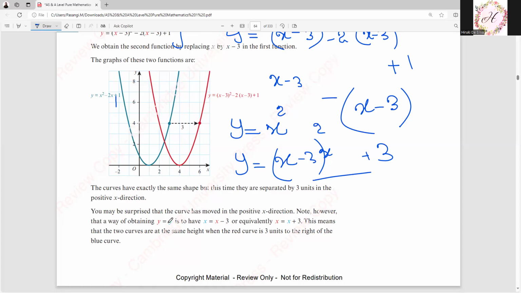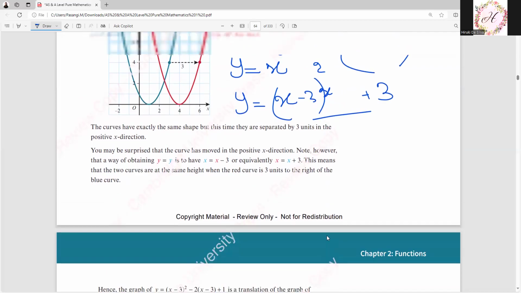Note, however, that a way of obtaining y equals f(x) is to have x equals x minus 3, or equivalently x equals x plus 3. So this means that the two curves are at the same height when the red curve is 3 units to the right of the blue curve.